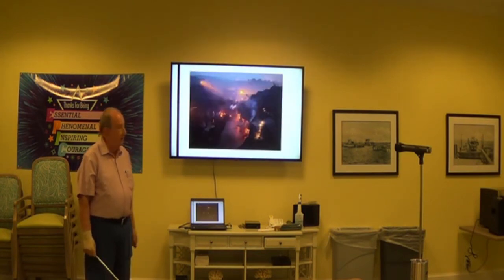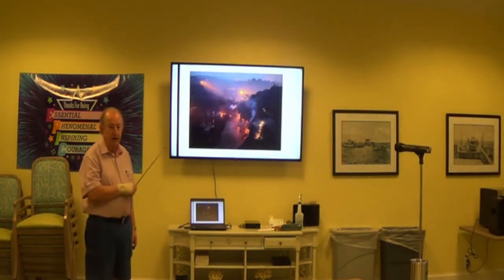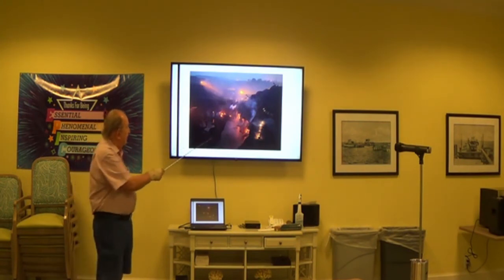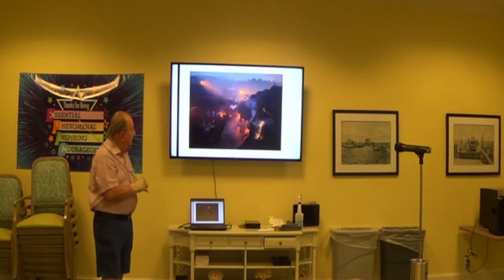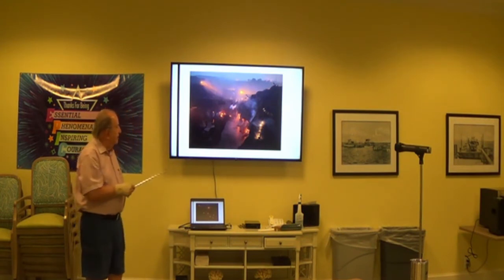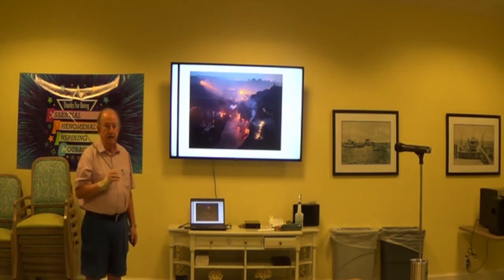This is pretty minor compared to this kind of thing. This is a coal field in India called the Jharia coal field. This is the main source of coking coal for the Indian steel industry. It's very important to the Indian economy.